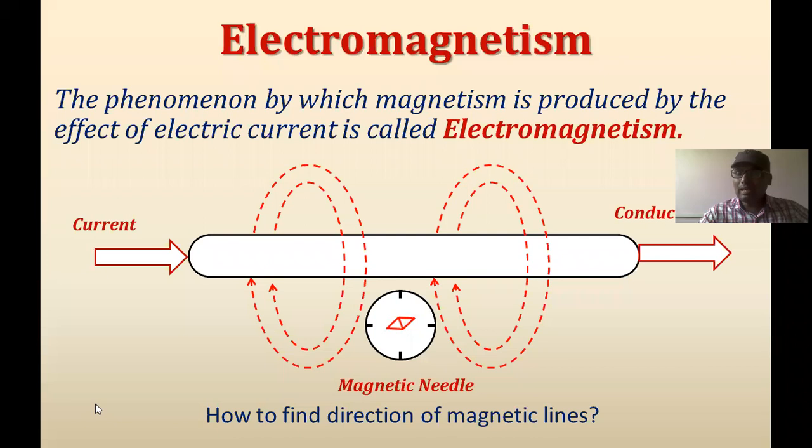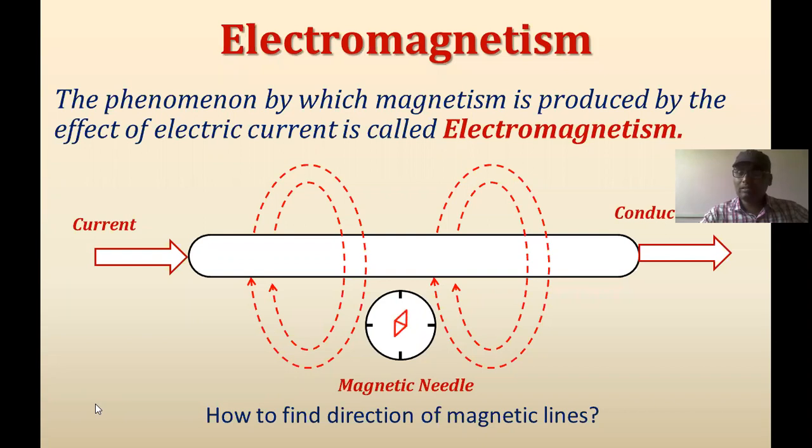These lines are concentric circles around the conductor, and their direction is either clockwise or anti-clockwise based on the direction of the current.